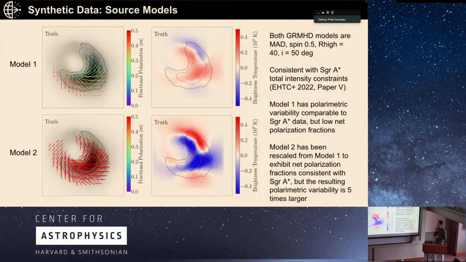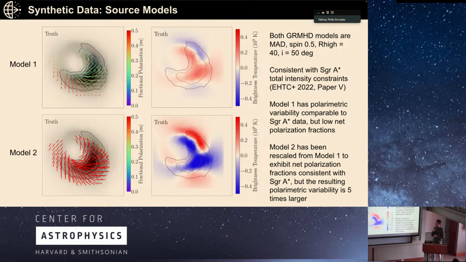When we looked at the polarization properties of this first model 1, we saw that the polarization variability is comparable to what we see in the actual Sagittarius data, but the net polarization fraction of this model was quite a bit lower, which would make imaging the polarization structure more challenging because of the lower signal to noise.